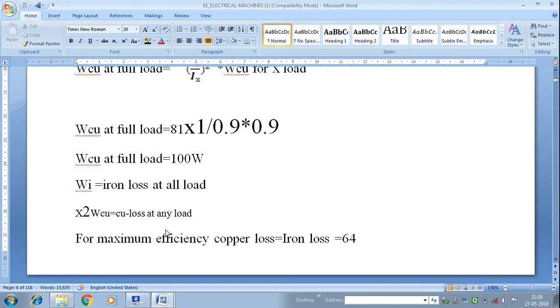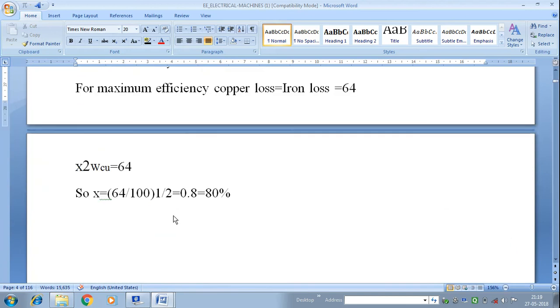So for maximum efficiency, copper loss is equal to iron loss is equal to 64. This is the condition for maximum efficiency. Therefore, X square WCU is equal to 64. So X we calculate as 80%.